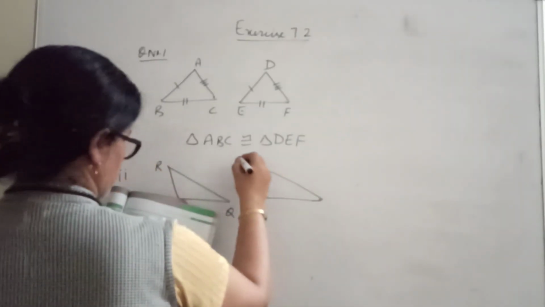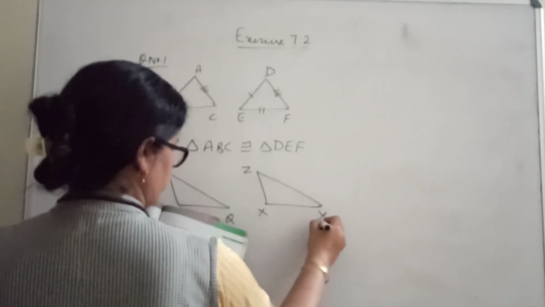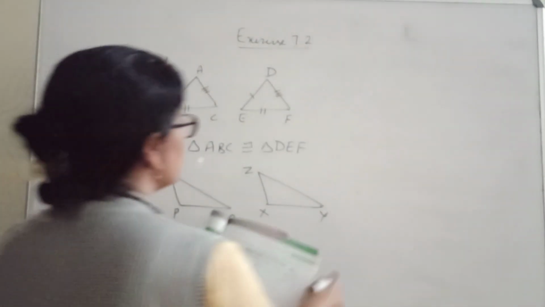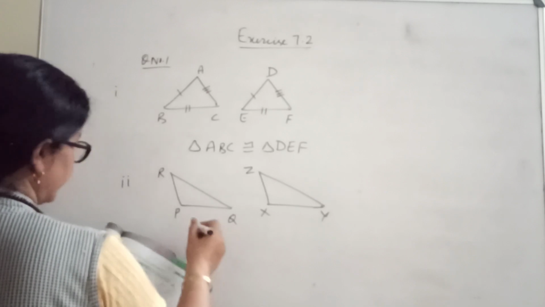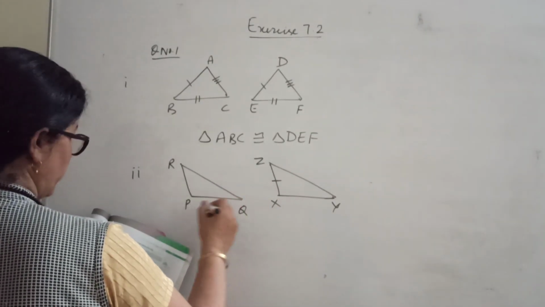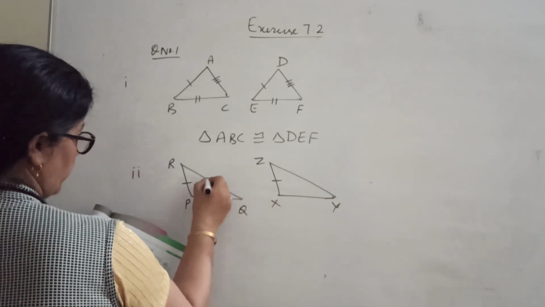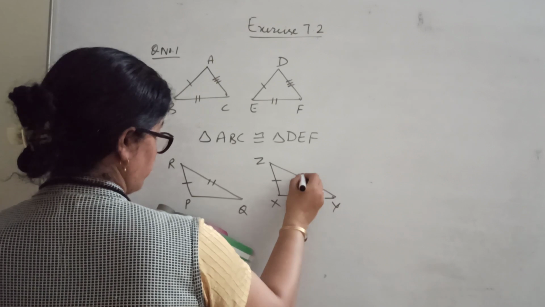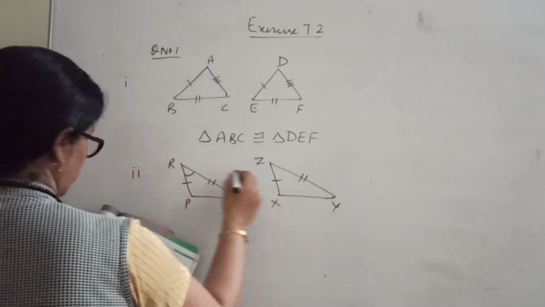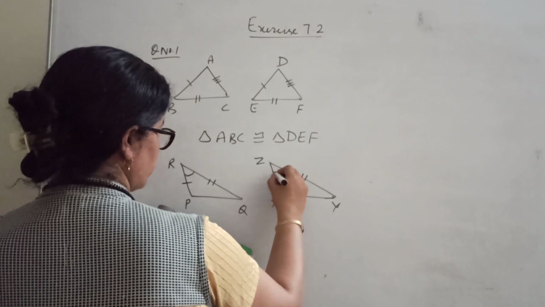And in the second part he is saying that two triangles are there, RPQ and ZXY, and here ZX is equal to RP, RQ is equal to ZY and angle R is equal to angle Z. It is given to us.